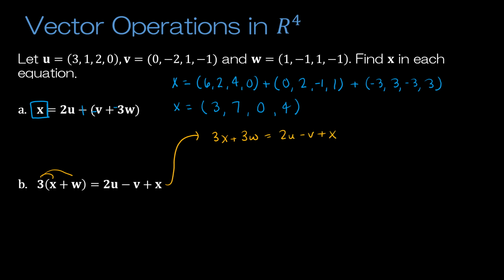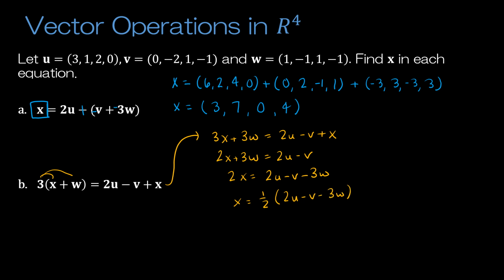Let's subtract 1x from each side. That gives me 2x plus 3w equals 2u minus v. Then I get 2x is equal to 2u minus v minus 3w. So x is 1/2 of 2u minus v minus 3w.